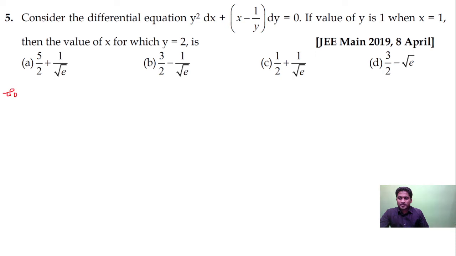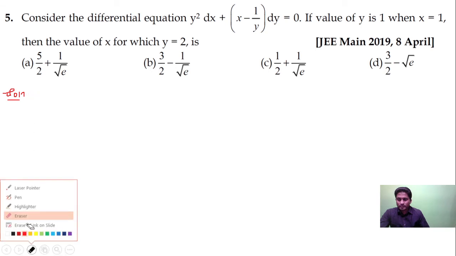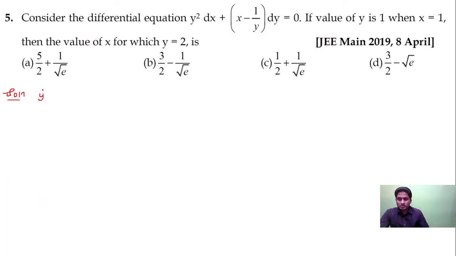Again, this is a linear differential equation. y square into dx is equal to, if you shift on the right side, minus x minus 1 upon y into dy. So dx by dy is equal to minus x by y square minus 1 by y cube.